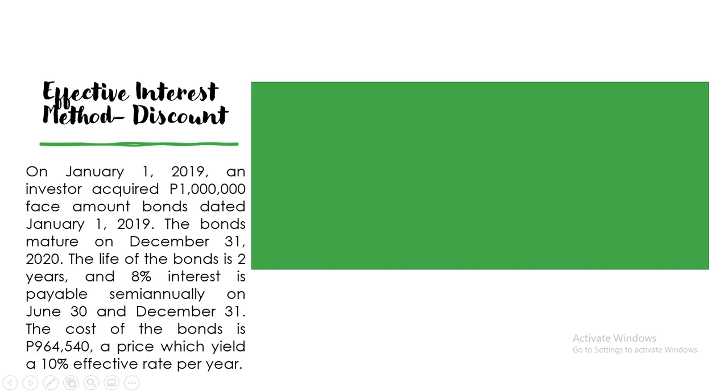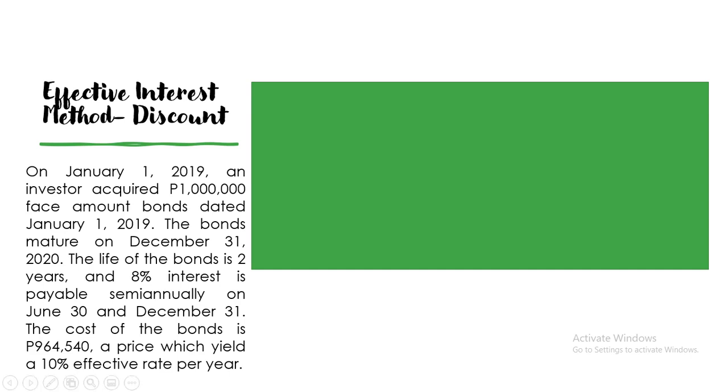So to amortize the discount using the effective interest method, why is it a discount? As you can see, using the pro forma earlier, the effective rate is higher than the nominal rate. The effective rate is 10%, while the nominal rate is 8%. That's why the bond is issued at a discount.